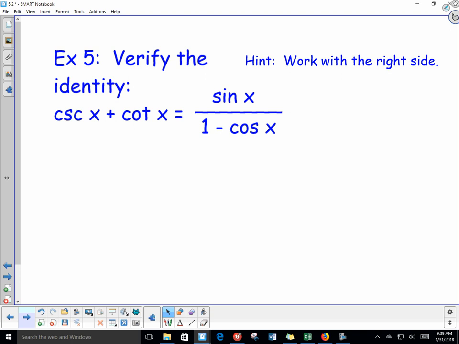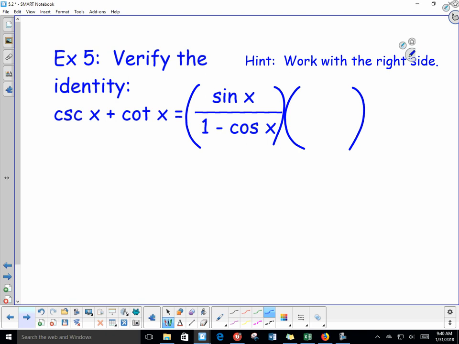Okay, so for this problem, my suggestion, and this is kind of like a strategy or a trick that you can use: if you've got two things in the denominator and you don't want two things in the denominator, you probably want to multiply top and bottom by 1 plus cosine x. If we do that, something nice is going to happen over here on the right side of this equation.